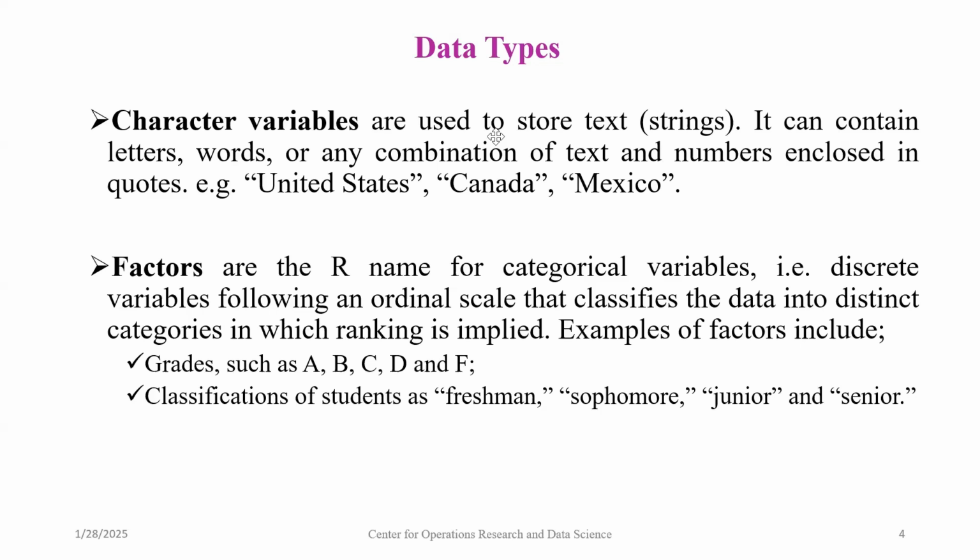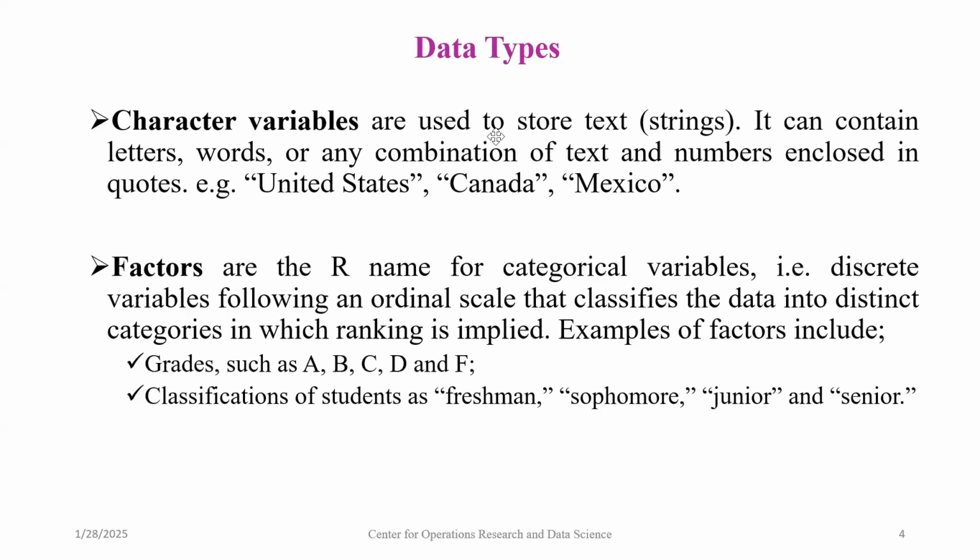Their structure is such that they contain either letters, words, or a combination of both text and numbers. And you often find them enclosed in quotes. A typical example is when you have United States, Canada, and Mexico in your data set, then they can be termed as character variables.